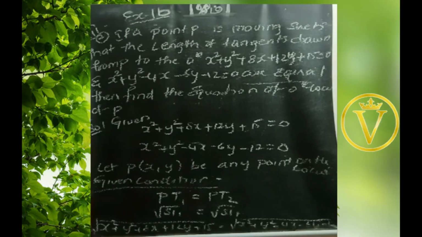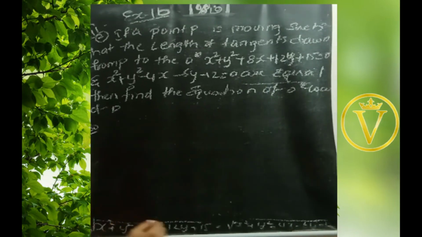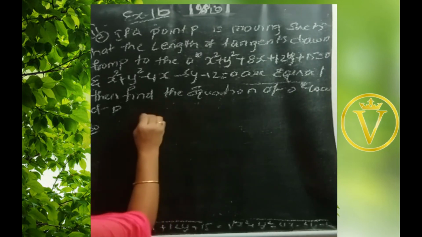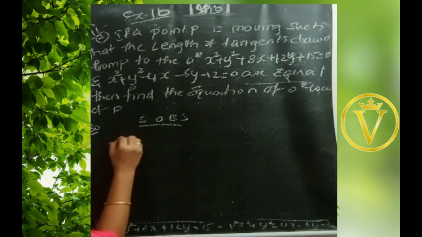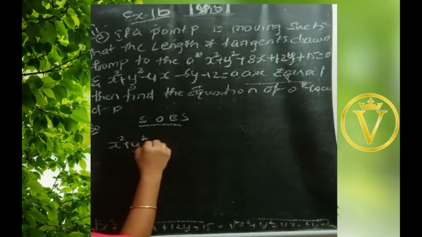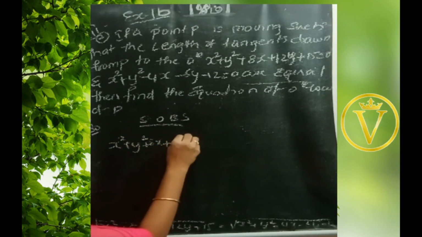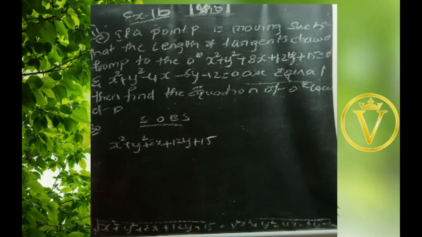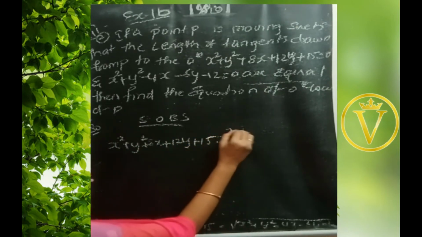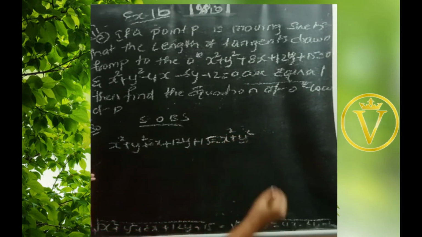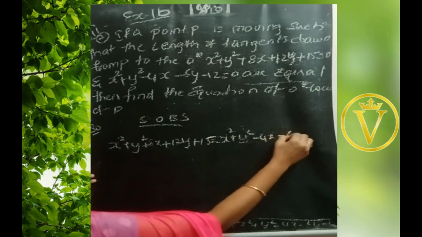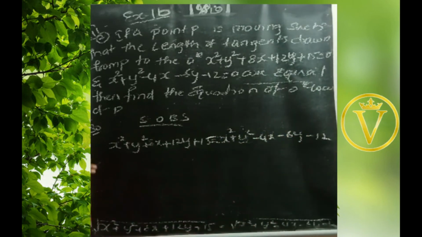Now squaring on both sides, we get x square plus y square plus 8x plus 12y plus 15 equals x square plus y square minus 4x minus 6y minus 12.